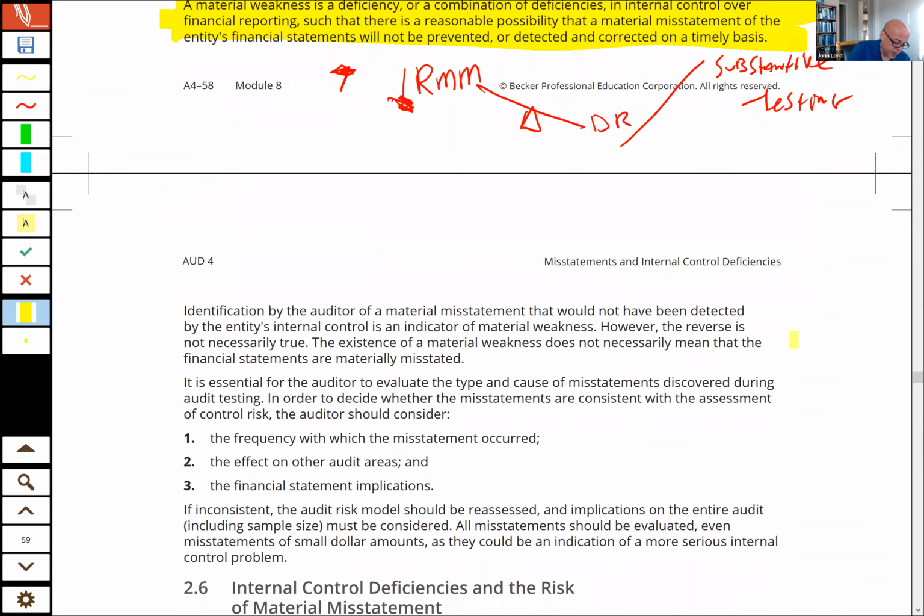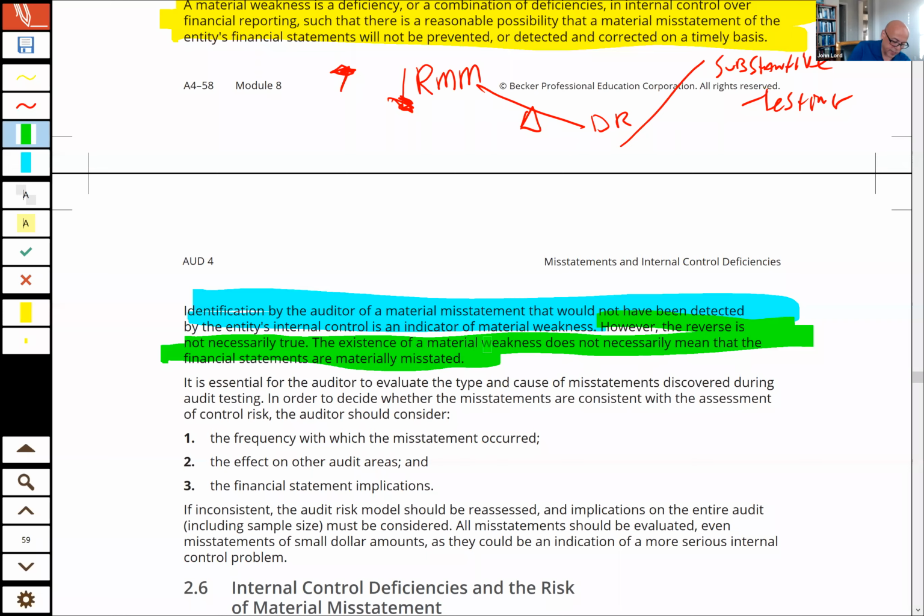Identification by the auditor of material misstatements that would not have been detected would be an indication that there is a control risk, right? An indicator of control risk. However, the reverse is not necessarily true. The existence of a material weakness does not necessarily mean that there's been misstatement in the financial statements.